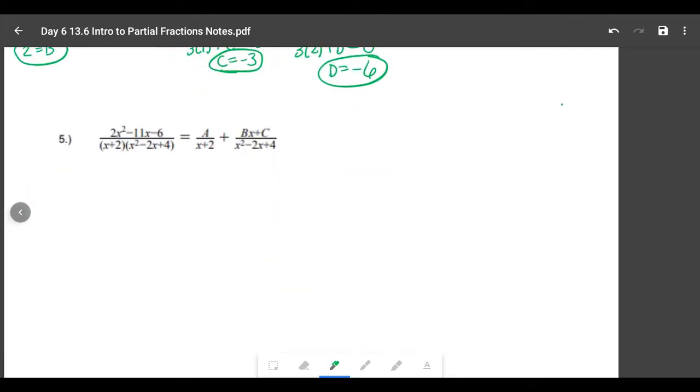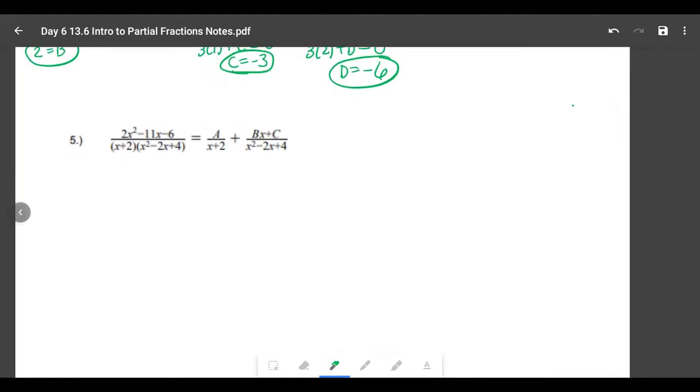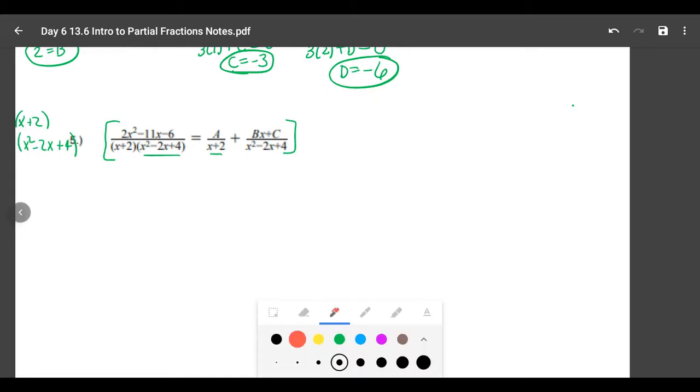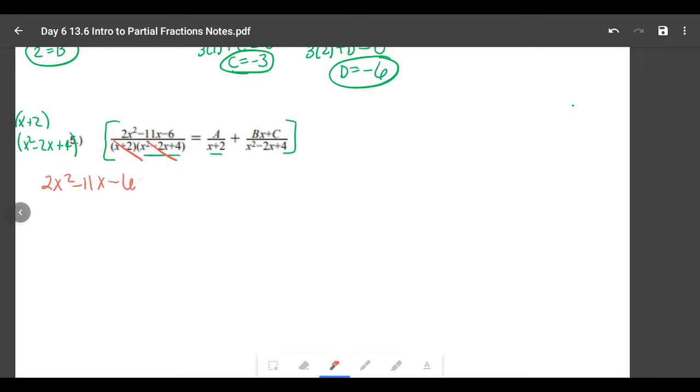All right, last question. So we need to multiply by our LCD, which is going to be this binomial and this trinomial. So my LCD is x plus 2 times x squared minus 2x plus 4. All right, so in this first fraction, I'm going to eliminate both of these expressions. So the only thing that's left is 2x squared minus 11x minus 6.